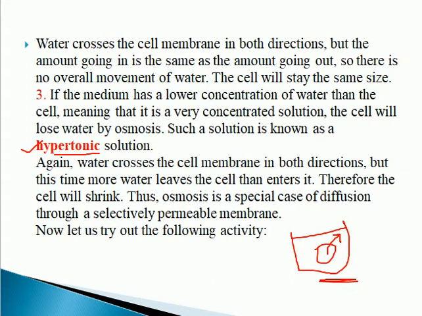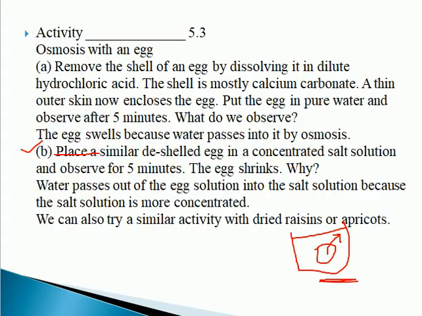Now let's move further. There is one activity that is given here. In this particular activity, what is done? We remove the shell of the egg by dissolving it in dilute HCl. We take an egg, we keep it in dilute hydrochloric acid, and what do we see?